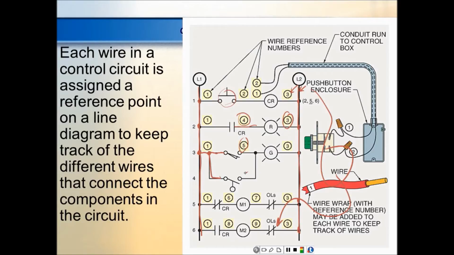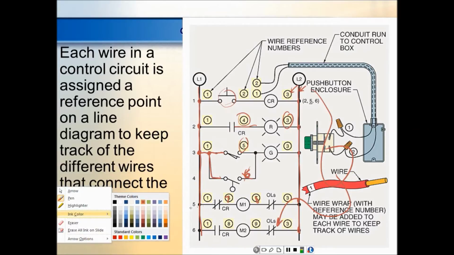Wire numbers are not circled. I don't know why they have them circled. Then that's fine if you want to do it, just to keep yourself from screwing up. But if you come down and mark that 6 and then go 7, 8, then you lose that one. But if you mark the rest of them in sequence, then you're not going to lose a lot of points. If you mark everything, though, you're going to.